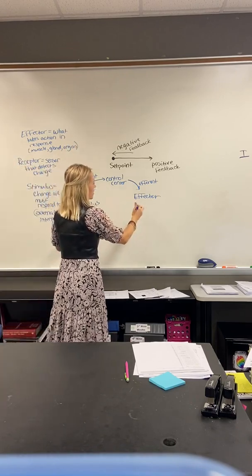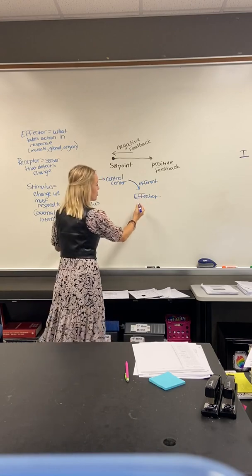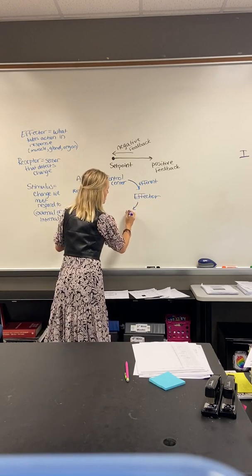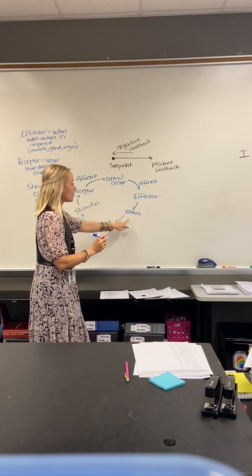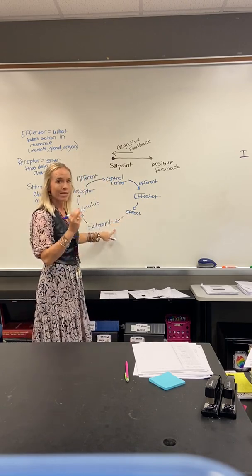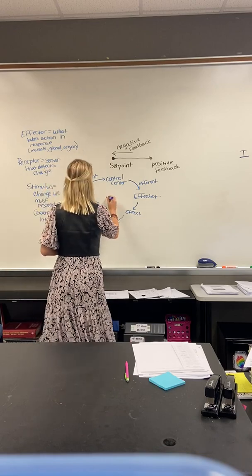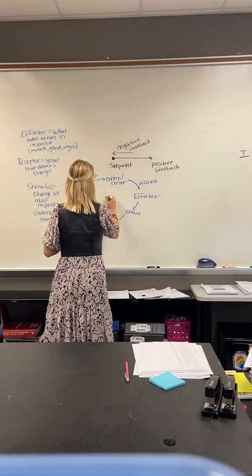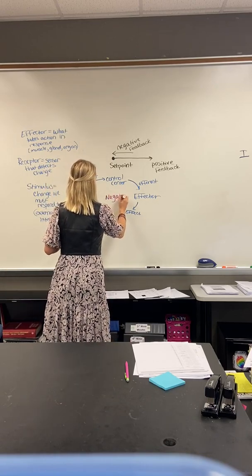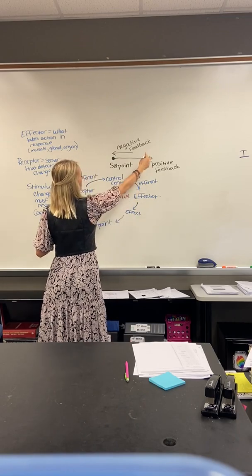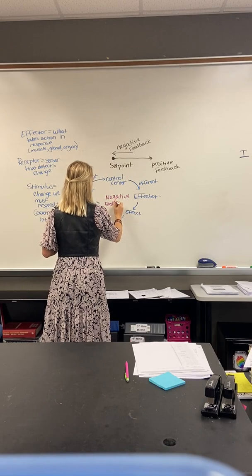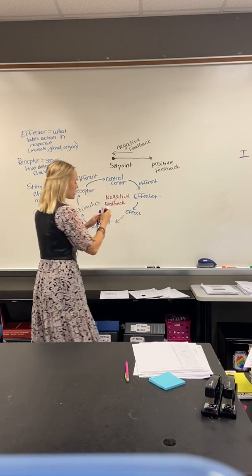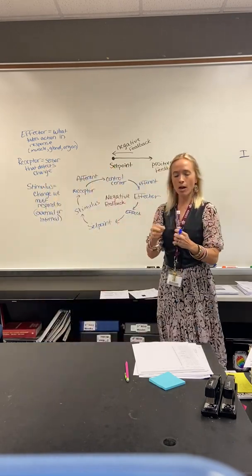The effector is then going to take the action to do some sort of effect that returns it back to set point. If it goes back to set point, that is negative feedback, because it's returning back to set point. Negative feedback.